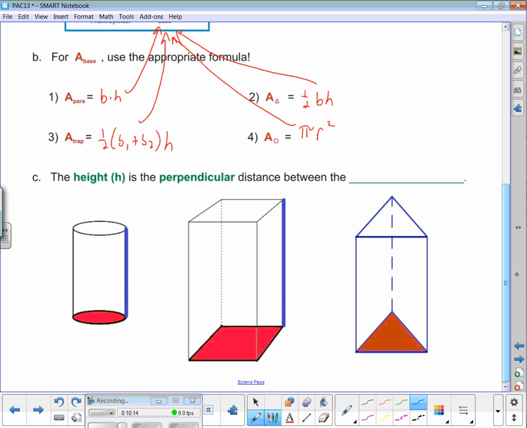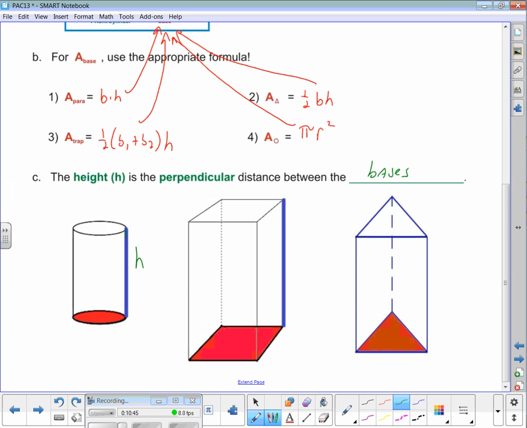Okay, so just like we learned with area, height is always perpendicular. In this case, it's the perpendicular distance between the bases. Prisms and cylinders have two bases. So in the left cylinder, the height would be right here.